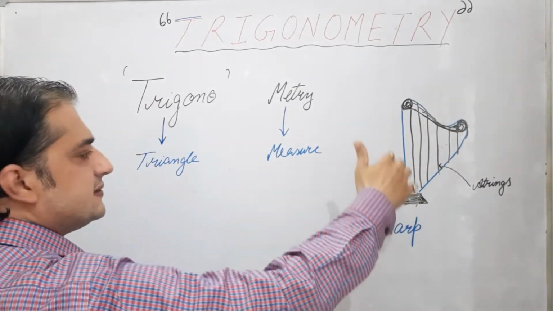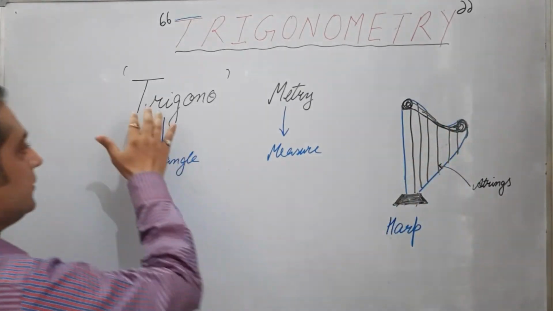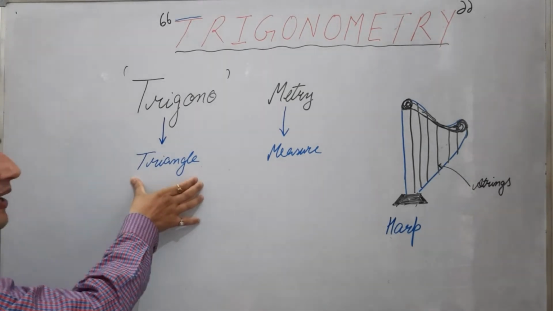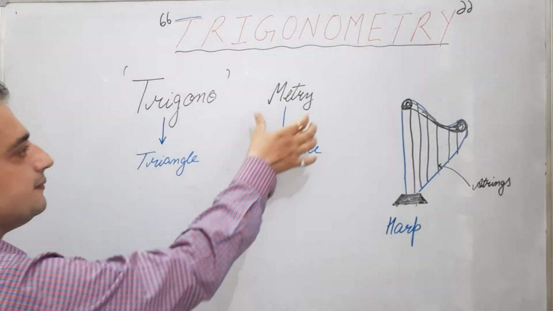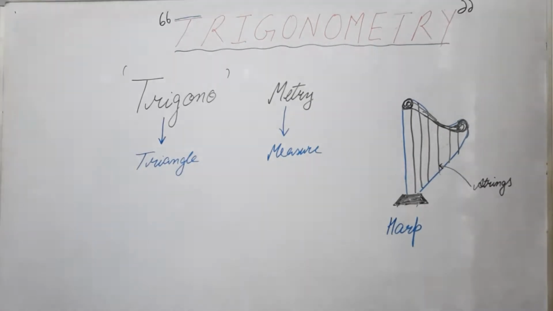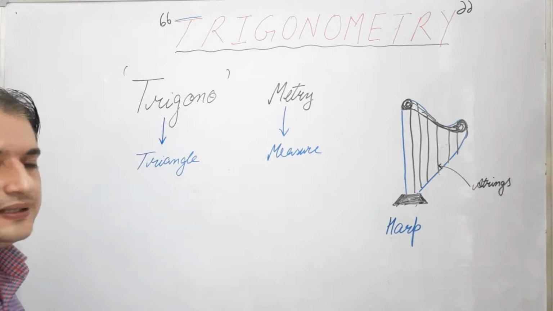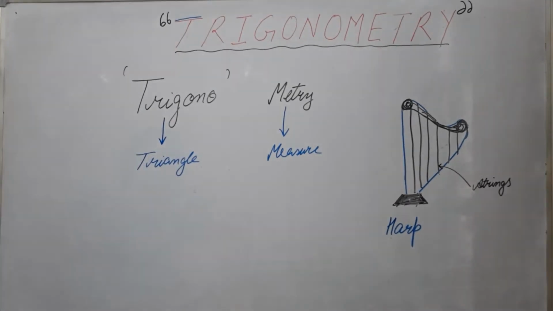So from this concept, the word trigono means triangle, and metri means measure. So trigonometry specially deals with the sides and the angles of the triangle.